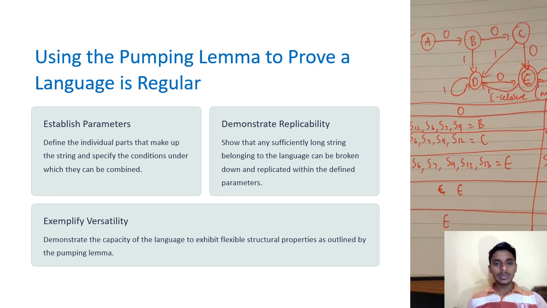So using the pumping lemma to prove a language is regular, we can use established parameters. Define the individual parts that make up the string and specify the conditions under which they can be combined.